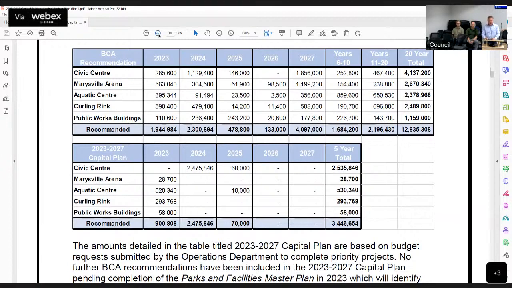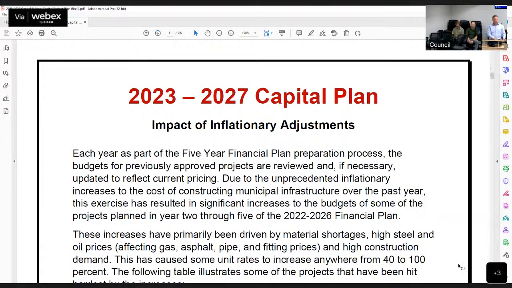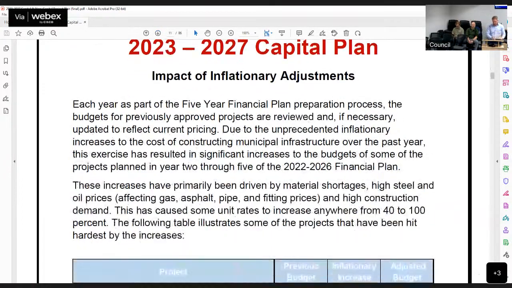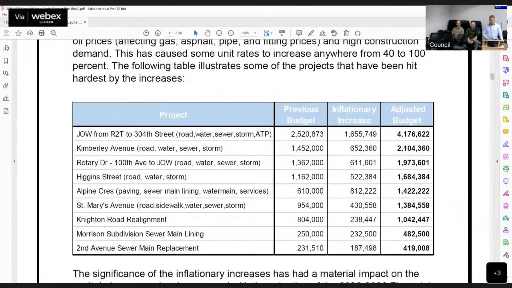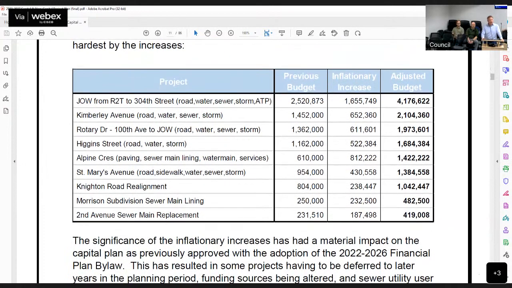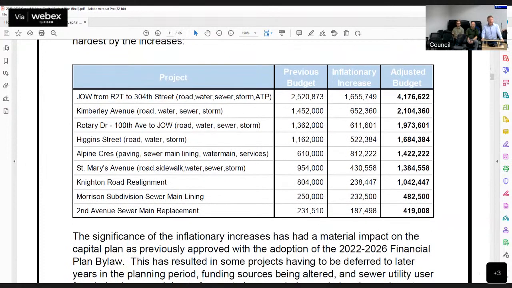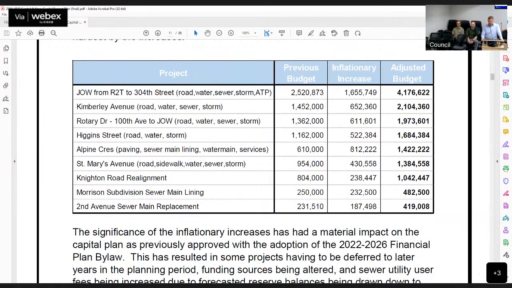So the next slide is another one that I've added this year, just because there's been such a significant increase to the prior period's approved costs. So the adoption of the previous 5-year financial plan, I've listed some projects here that have been most affected by the inflationary increases. And we go through this exercise every year.